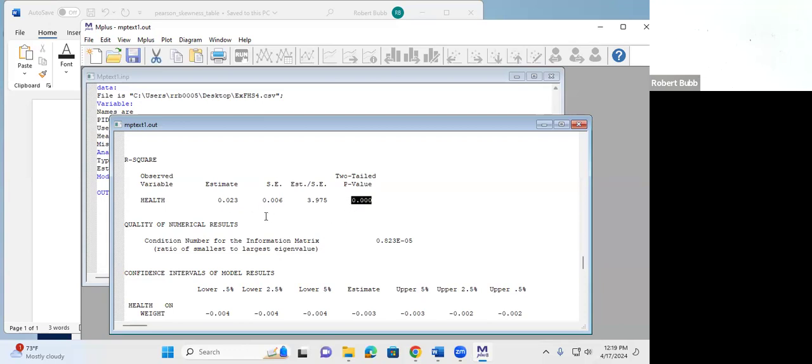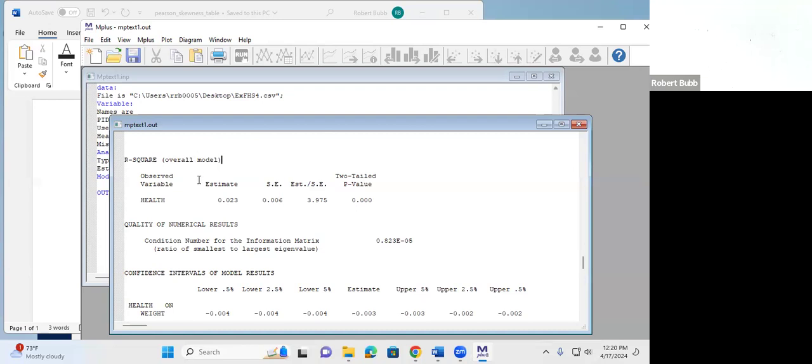So this is at the model level. Is the R squared significant at the model level? And the answer is yes, which makes sense here because the individual predictor was also significant. So you'd expect the model to be significant. But just note, for the overall model, what is the R squared value, and is that overall model significant? Here we only have one predictor, so it's going to match what we did earlier.